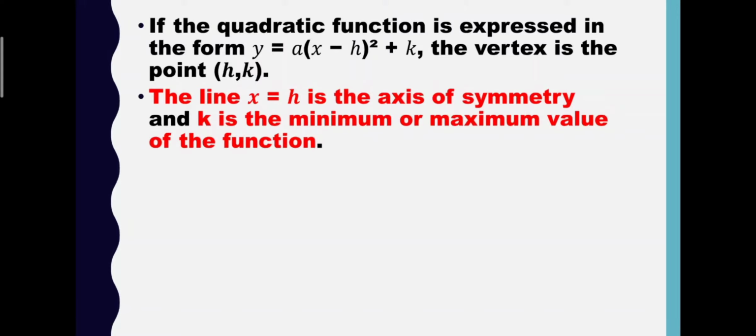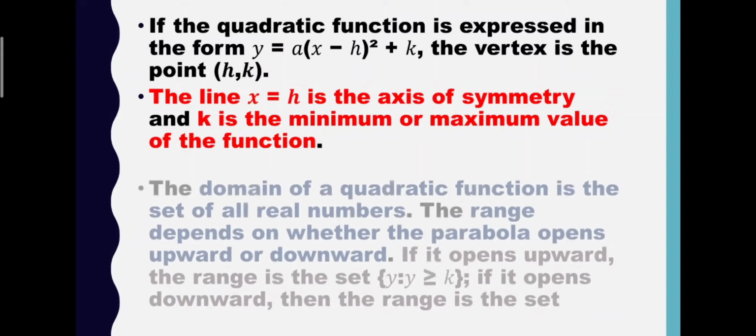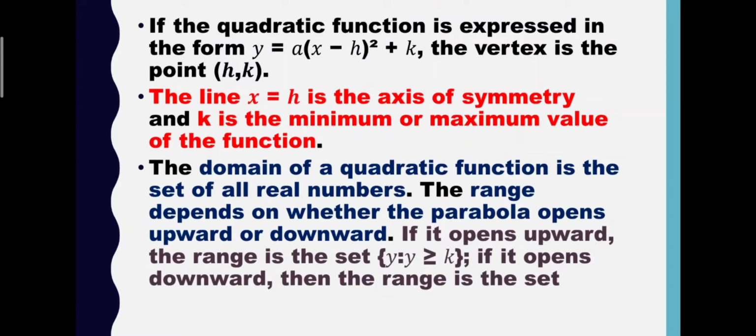Okay? Then, ang k naman is the minimum or maximum value of the function. Kapag naka-open downward ang graph, maximum yung vertex niya. Ang k, makukuha nyo sa vertex kung saan naka-align yung dulo ng graph. Ipakita ko yan sa example.